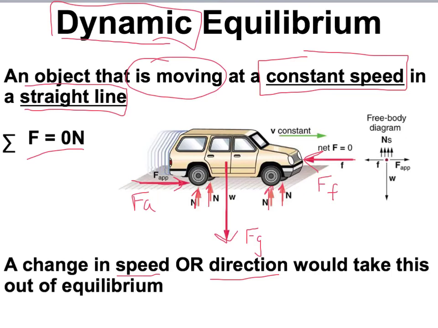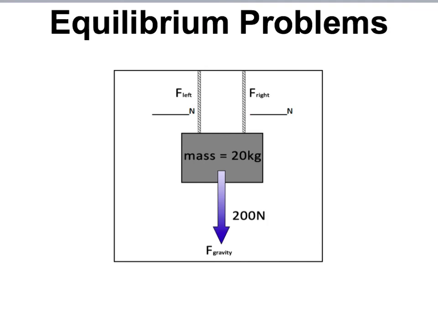Let's look at a couple of problems, examples of what you might see on your problem set. So, knowing our equilibrium rule, that the sum of all forces equals 0 newtons, we can approach a problem like this. What we have is a block hanging from two strings. Since the sum of all forces is 0, any force that's pulling this block down has to be balanced by forces that are pulling the block up.